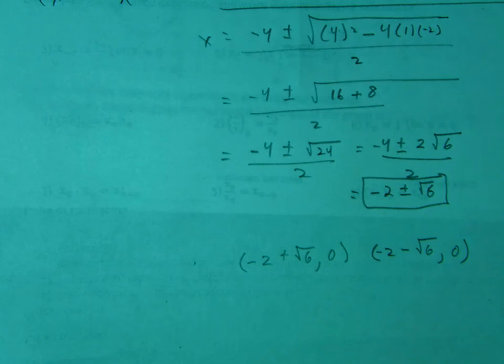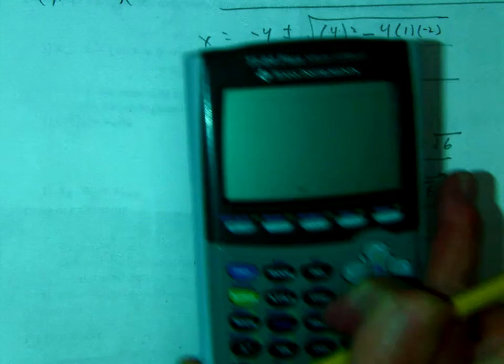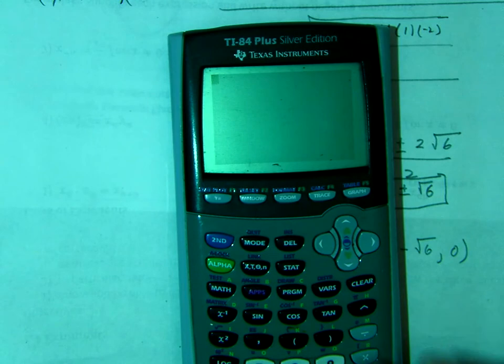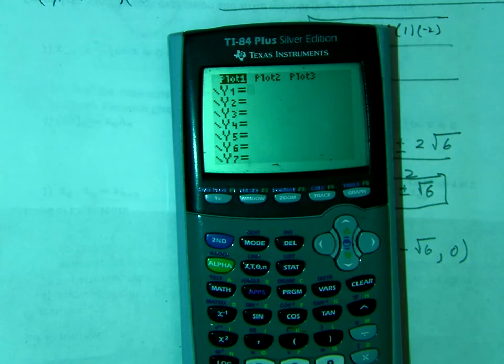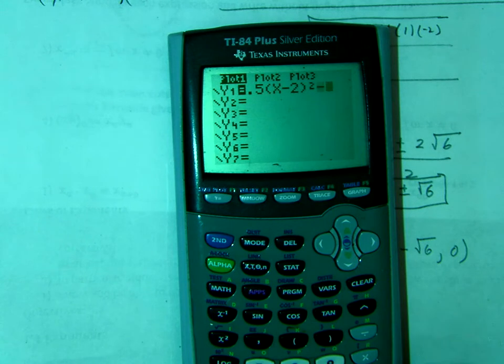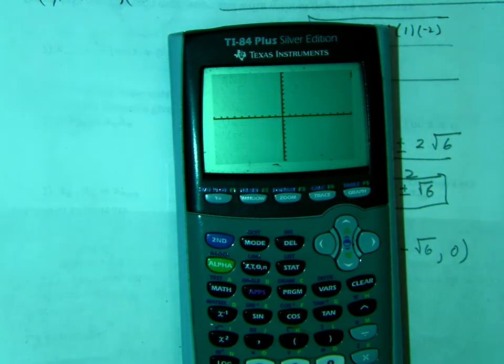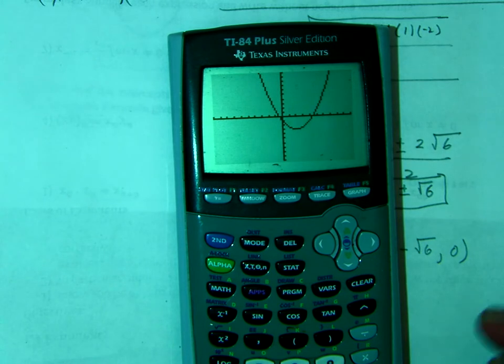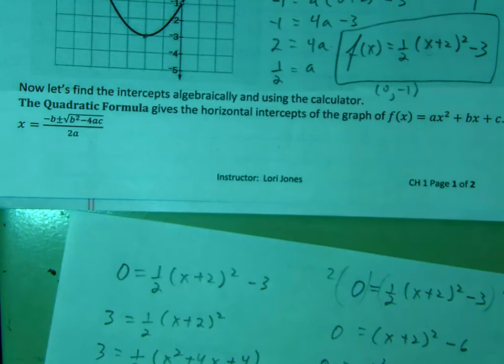Let's now look at finding these intercepts on our calculator. So if I put into the y equals our function 1/2 (x plus 2) squared minus 3, I can look at the graph, and it sure looks like our graph.